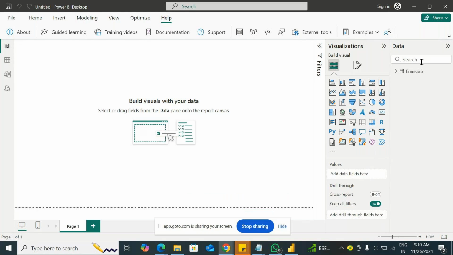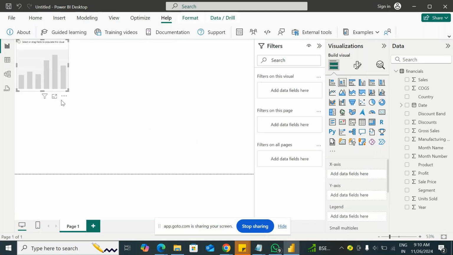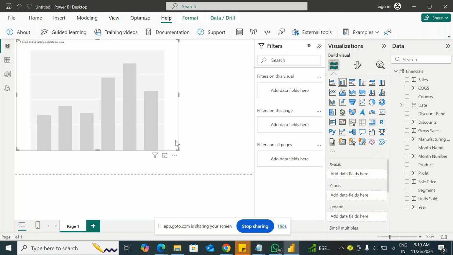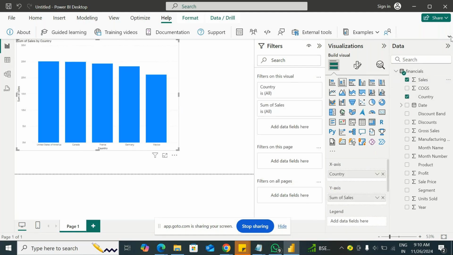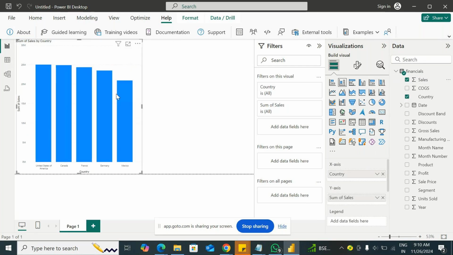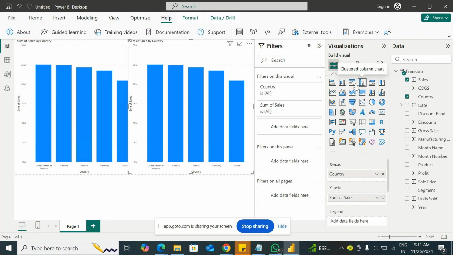Whenever we are using only one dimension and one value, both stacked bar and clustered bar are the same.